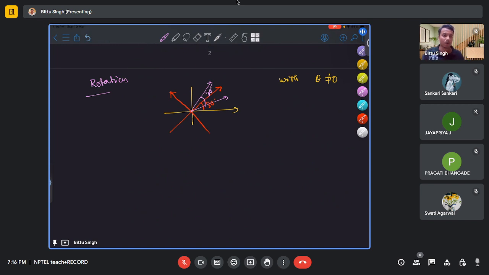So from here you can observe that there is no vector which is stretched by the transformation except 0, because if you rotate 0 comma 0, this origin, it will again be 0 comma 0. But this is not interesting because we are not considering 0 as an eigenvector. So for this rotation, there is no real eigenvalue.